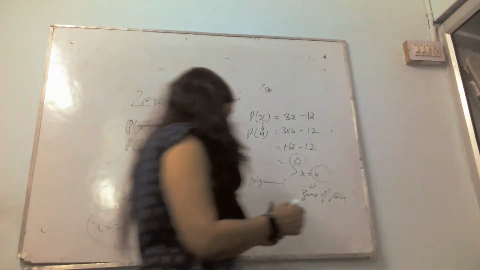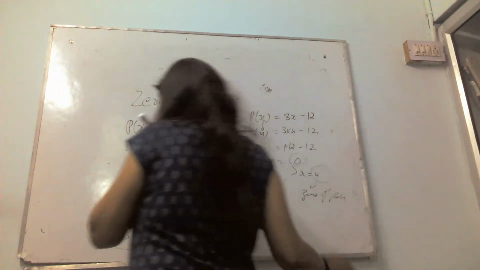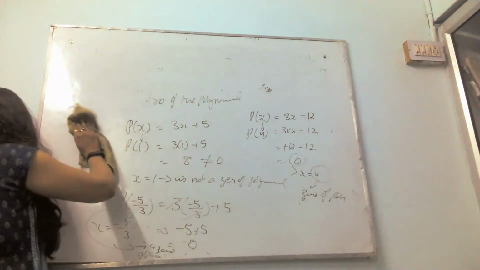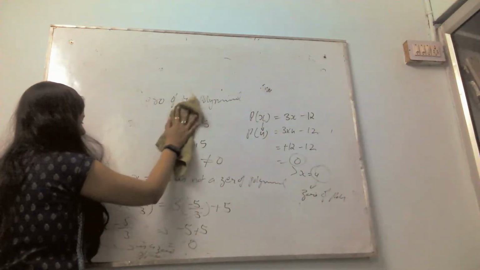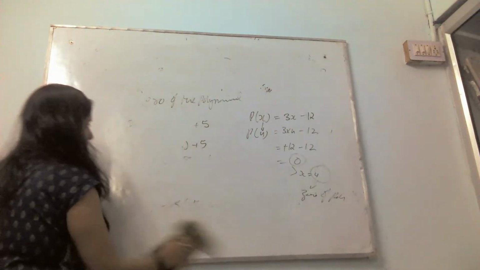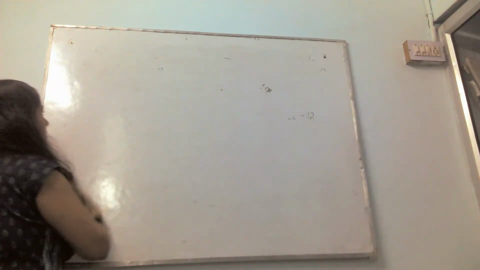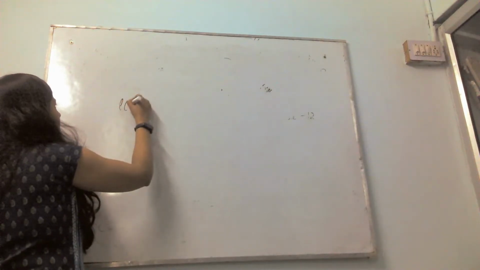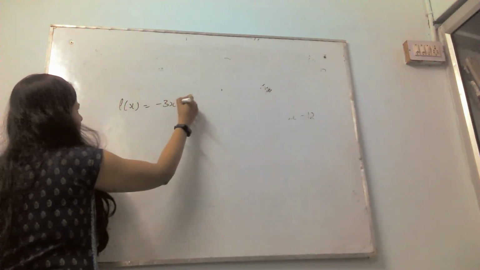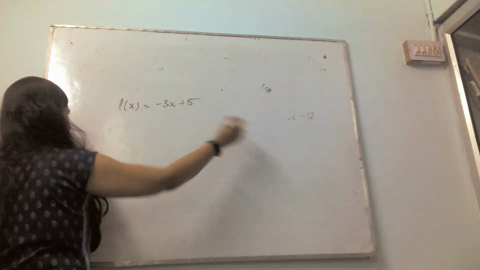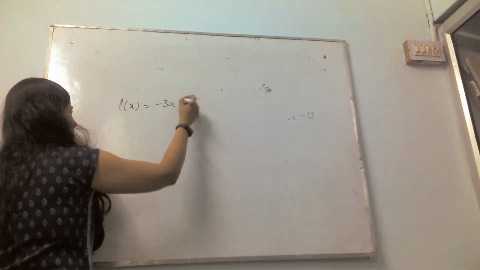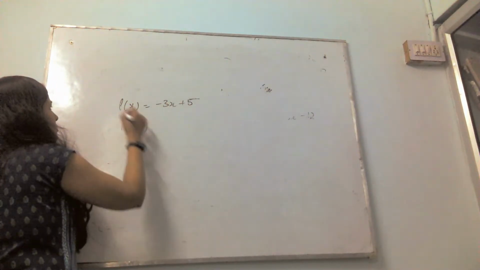Now I am giving you 3 to 4 questions. You will find out whether it is a zero of the polynomial or not. P(x) equals minus 3x plus 5, p(2).